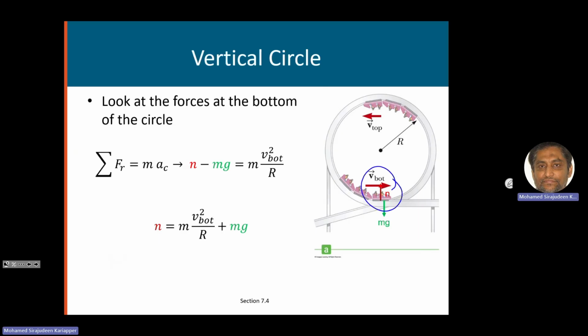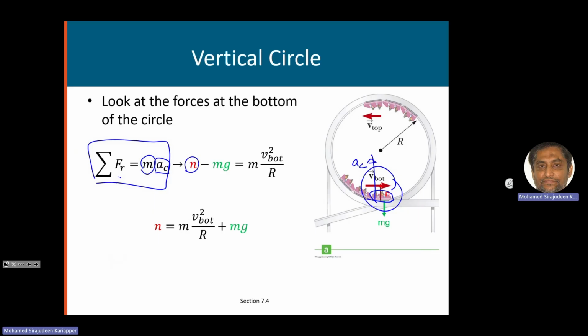When it is at the bottom here, you can apply Newton's second law, which is this. The net force toward the center of the circle is equal to mass multiplied by the centripetal acceleration. The direction of this acceleration is upward, so let's take that as the positive direction.